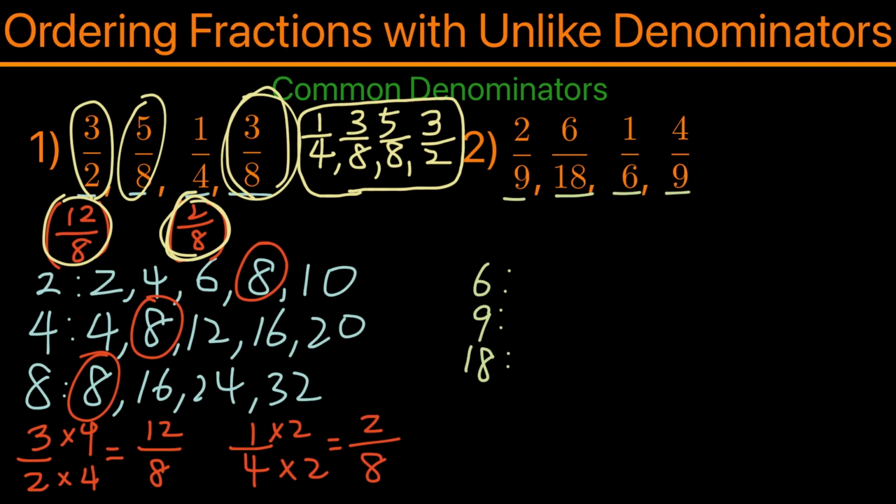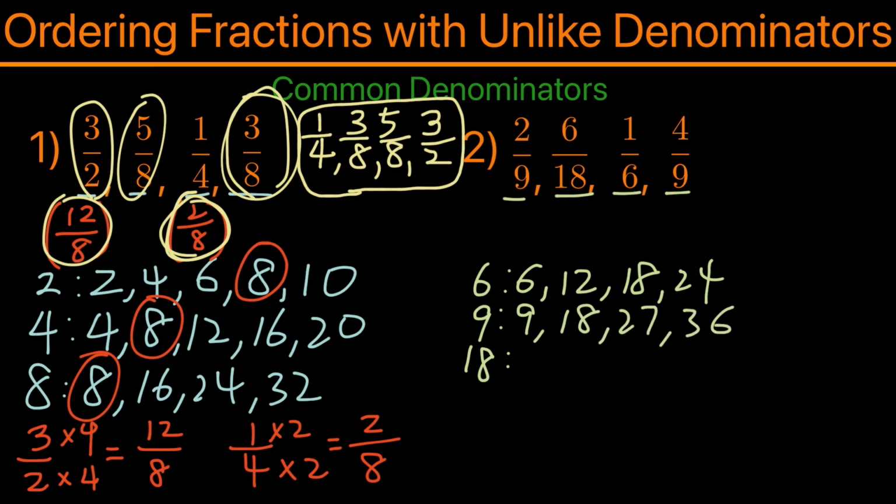So 6 would be 6 times 1 is 6, and 12, 18, 24. For 9 would be 9, 18, 27, 36. 18 would be 18, 36. And just by looking at these numbers, we can see that 18 would be the least common multiple.